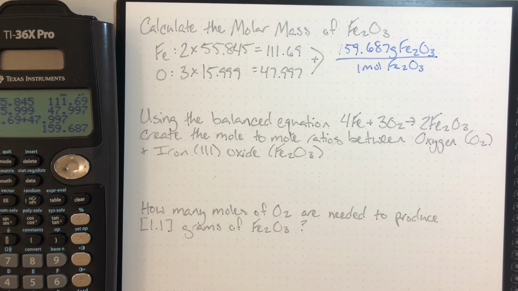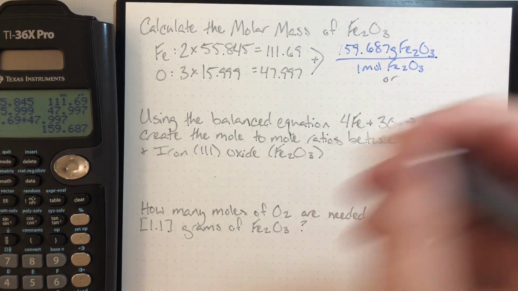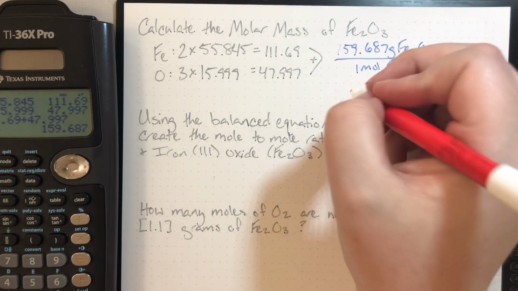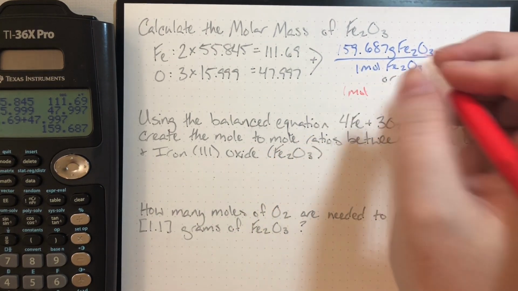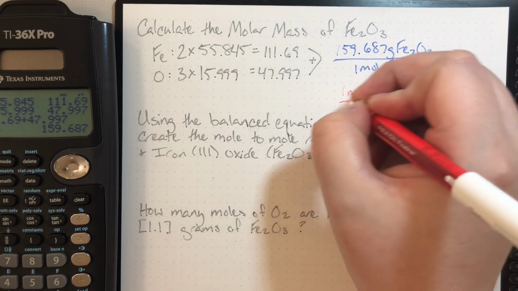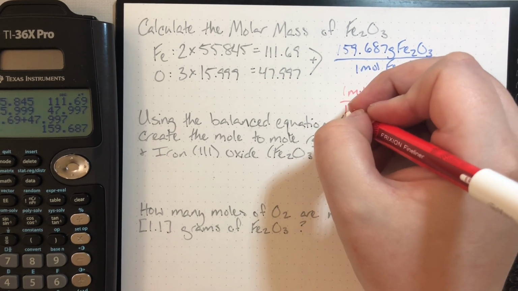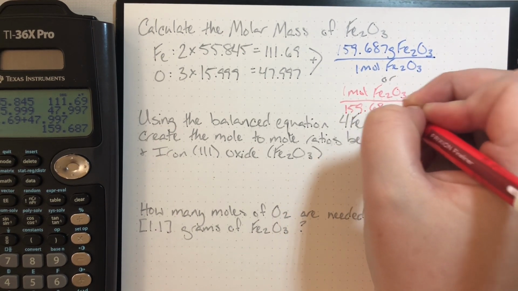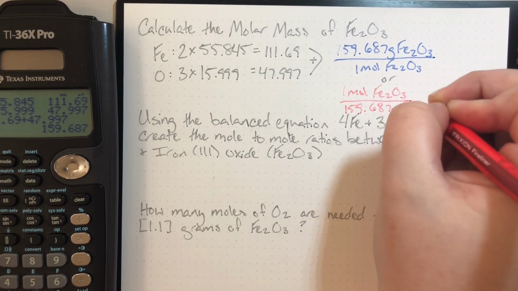Since this is a conversion factor that may be used later, I'm going to go ahead and flip the fraction: 1 mole of iron 3 oxide for every 159.687 grams of iron 3 oxide.